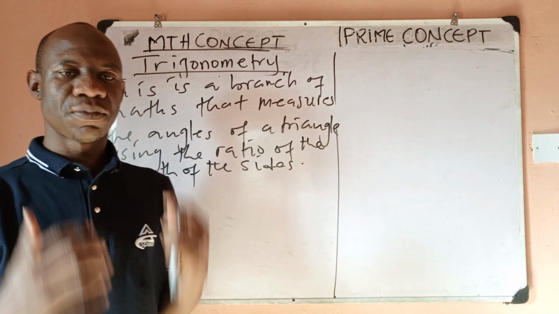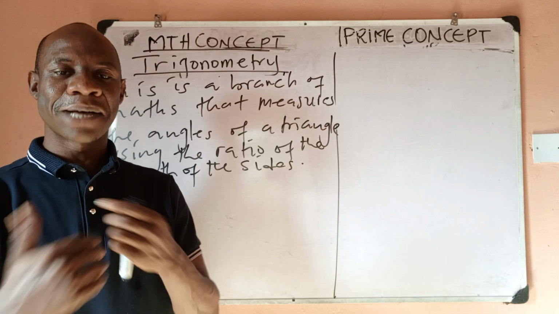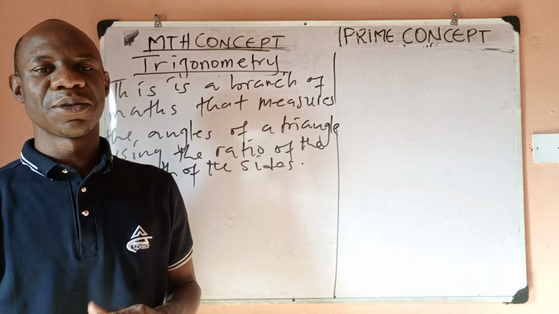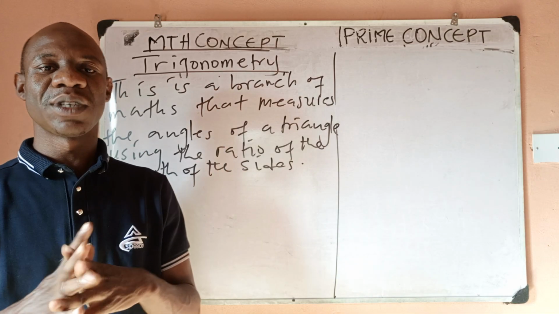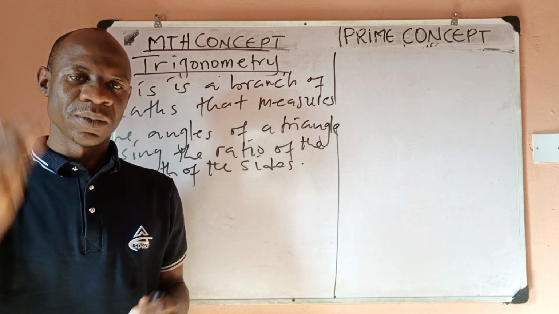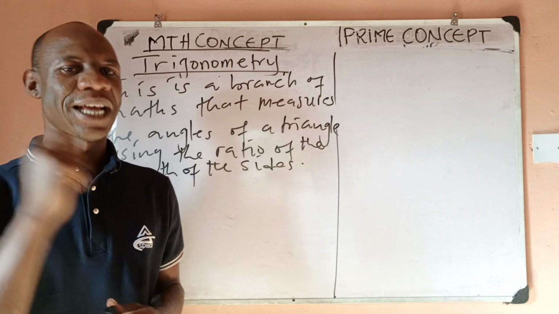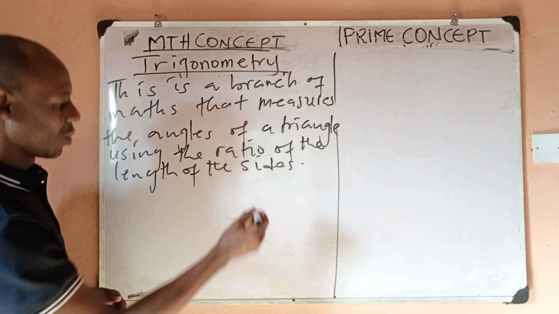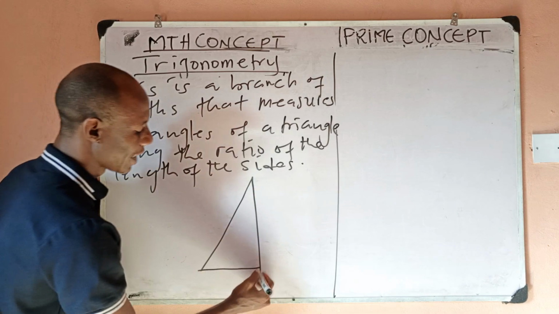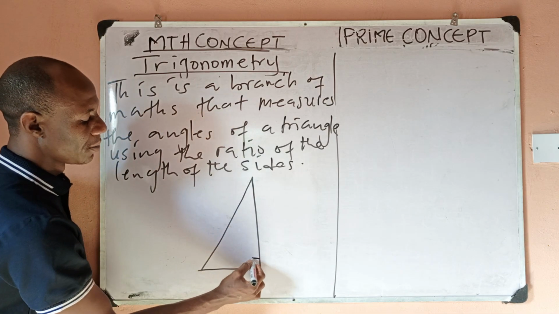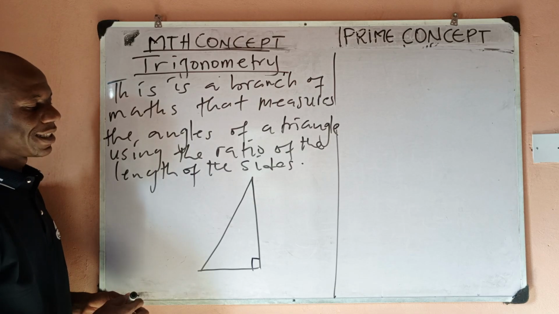Of course, we before now already know triangles. We have different types of triangles, but the triangle that is important to us when we're considering trigonometric ratio is the right angled triangle. Now say we have this, and this is a right angled triangle, which simply means that one of the angles is 90 degrees.